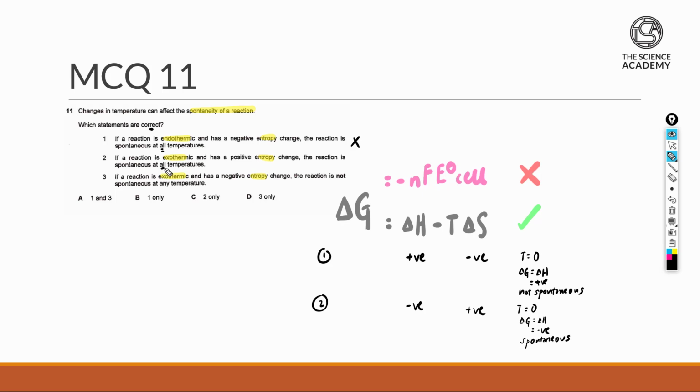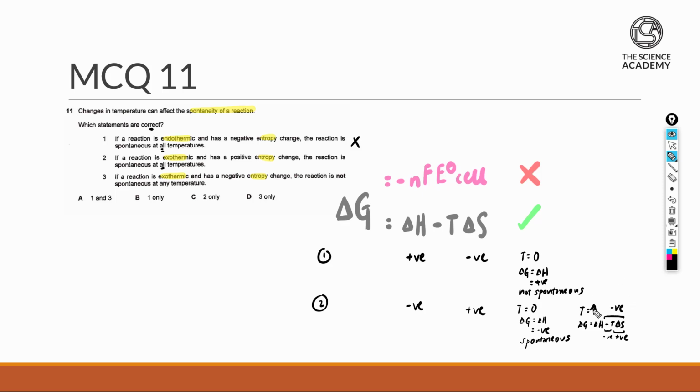So if I'm going to have an elevated temperature, if temperature is high, delta G will be equal to delta H minus T delta S. Now delta S is already positive, but if you take a look at this function, a negative value of temperature multiplied by a positive value of my entropy is still always going to overall be negative.